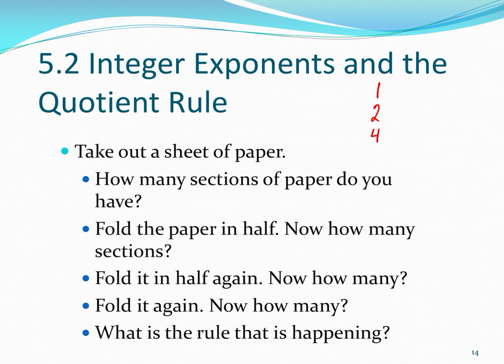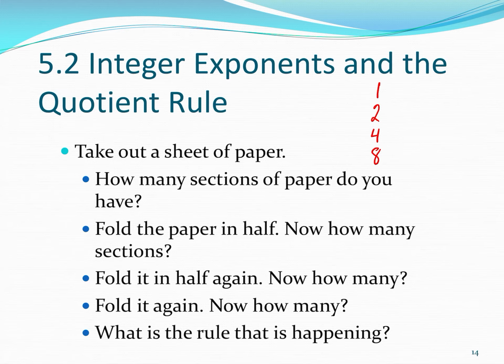Now, with it being folded that first time, fold it a second time. Pause the video if you need to do this. When you get it folded the second time, open it back up, and how many sections do you have? And so you'll see that you have 4. Then with it folded the second time, fold it in half again.